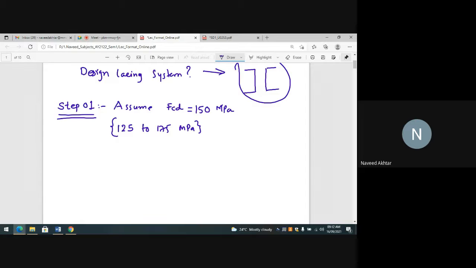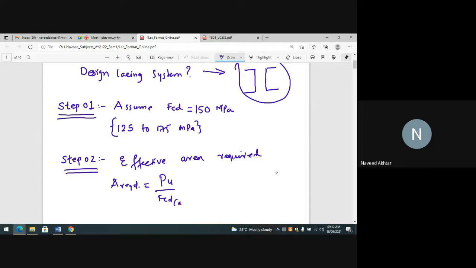Step number two, because you know the factored load, you have to find out the effective area required. The area required will be factored load upon assumed fcd.